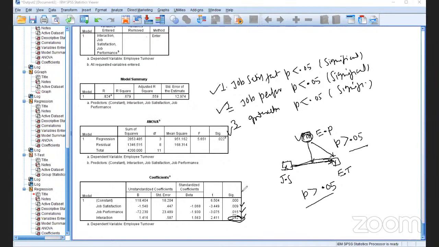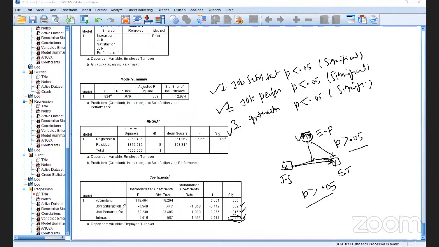performer or high job performer, because this output says the job satisfaction is statistically significant with the employee turnover, but we still do not know whether it is significant for low job performer or high job performer, because the moderator is saying that there is a significant difference.